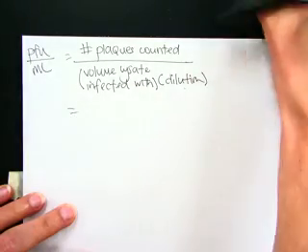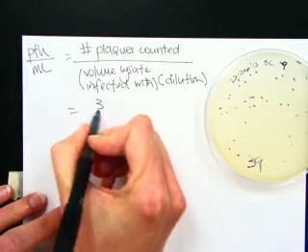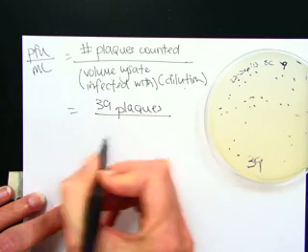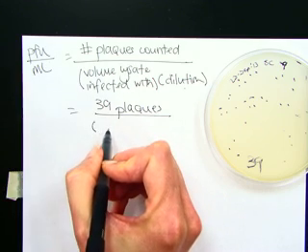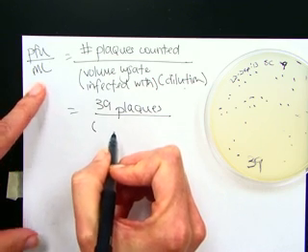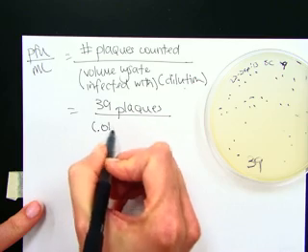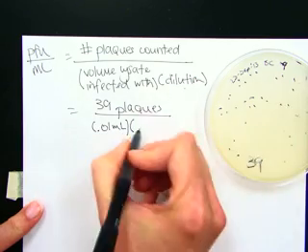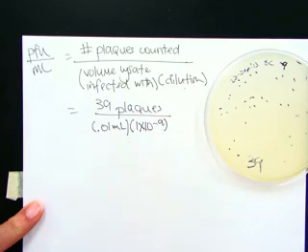So for the plate that we just counted, we counted 39 plaques. We infected with the standard 10 microliters, but remember, it's going to have to be in milliliters, so that's 0.01 milliliters. And then the dilution of this plate was 1 times 10 to the minus 9.